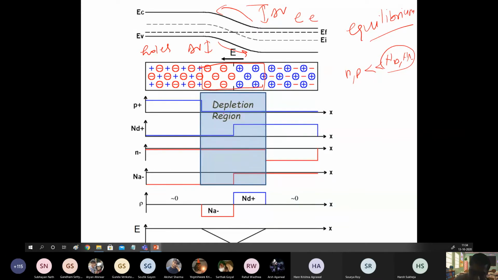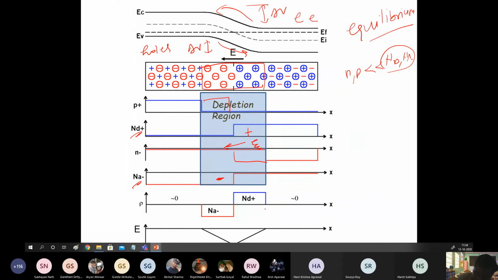So in the depletion region, holes have been pushed away, so there are no holes here. Electrons have been pushed away, so there are no electrons here. And the only charges that are there are fixed charges, right? These are the fixed charges, and they give an electric field, from positive to negative. You can represent them like ND plus and NA minus.